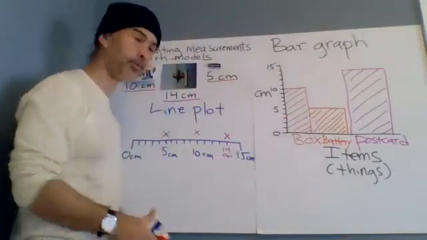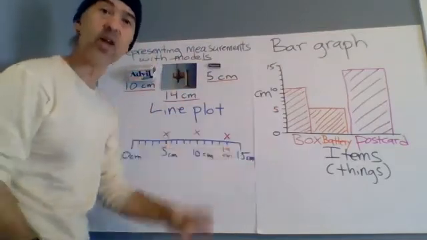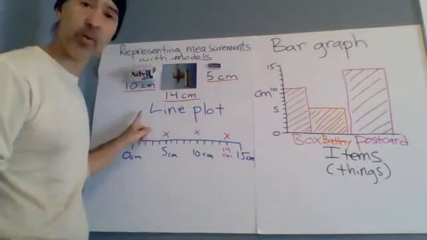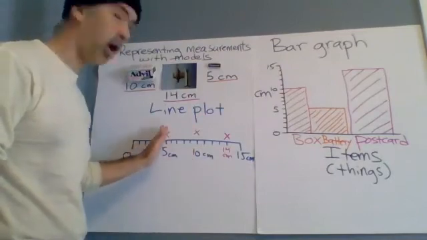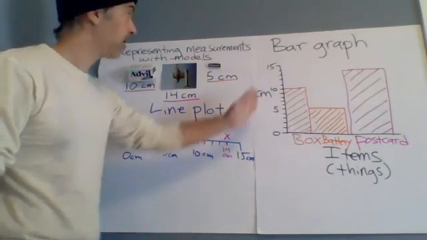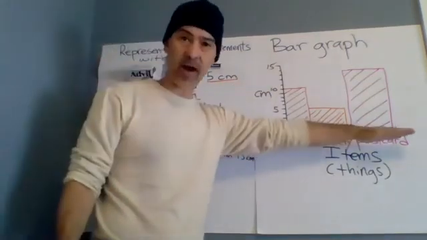So again, when we have our measurements, here are two great ways to represent those measurements visually. Line plot: draw a number line, and plot the measurements on your number line. Bar graph: two sides to the bar graph.